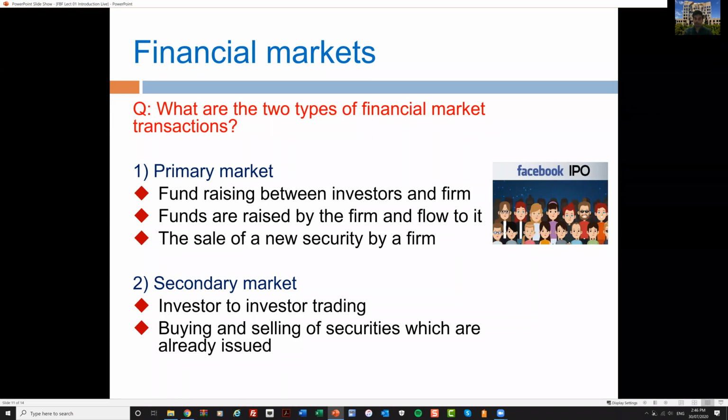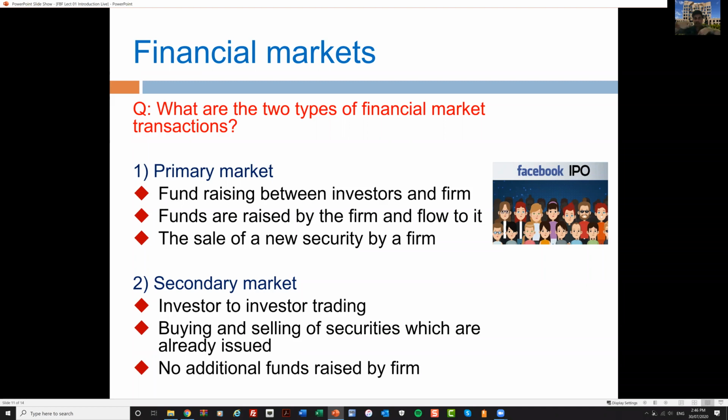The important part of a secondary market transaction is that if we are buying and selling shares of Qantas between one another, Qantas is not actually seeing any of this money. Qantas is not raising money from a secondary market transaction.